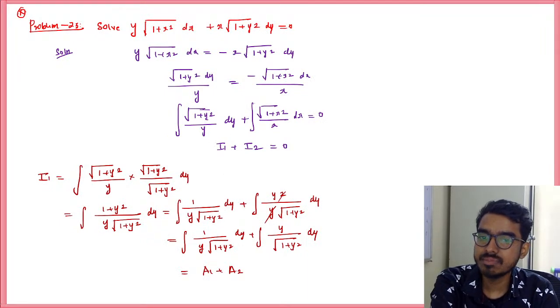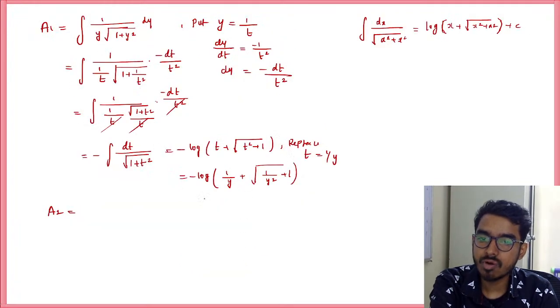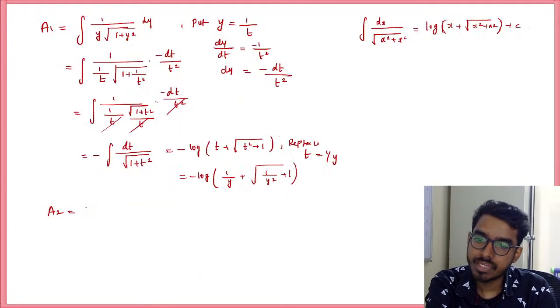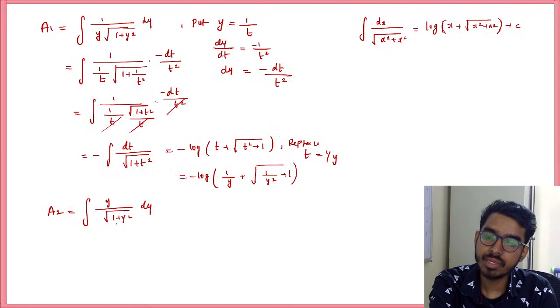In i1 I'm multiplying by root of 1 plus y square by root of 1 plus y square, and then I'm separating this into two integrals, which are a1 plus a2. a1 we have found. Now we need to find a2. So a2 is the integration of y divided by root of 1 plus y square dy.